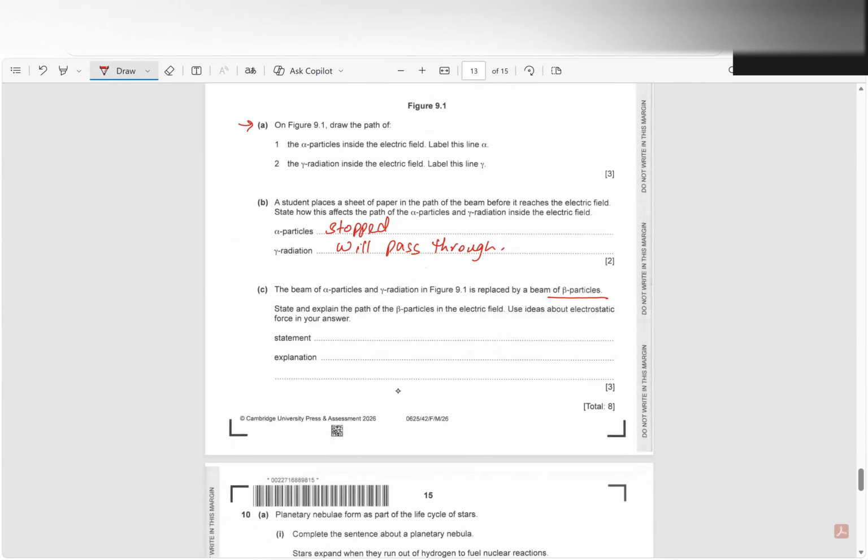Statement: beta particles will deflect more. And we're also going to add some explanation here.